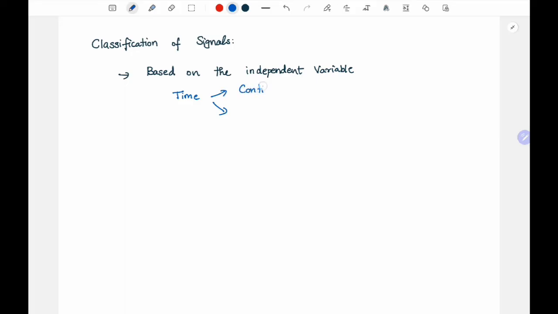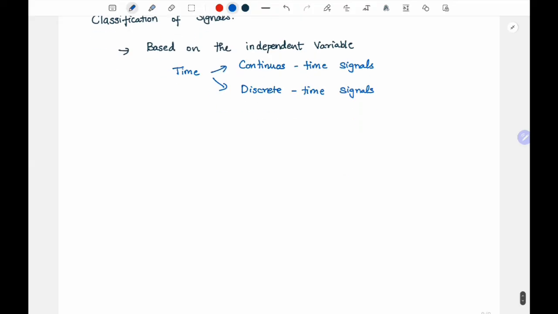One is the continuous time signals and discrete time signals. By the name itself, you can see. Continuous time signals are continuous in values of t, right?